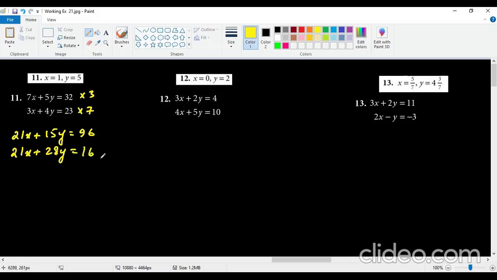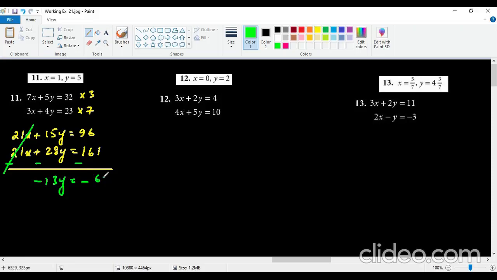Now making a straight line and using the change of sign rule, minus 21, minus 28, and minus 161. These two are going to be cancelled, and 28 minus 15 is going to give us negative 13y equals 161 minus 96, which becomes negative 65.